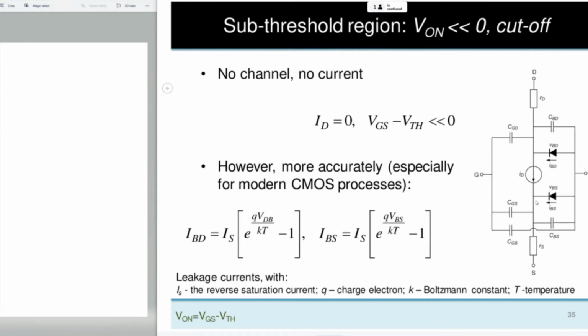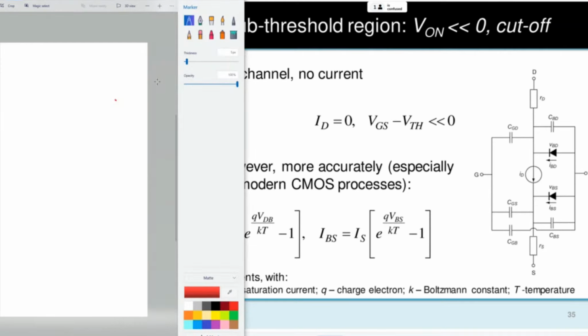In modern IC technology, when the transistors are very small, we also have to scale down the thickness of the oxide. We discussed this: you have the gate, here an oxide, and here the P substrate.